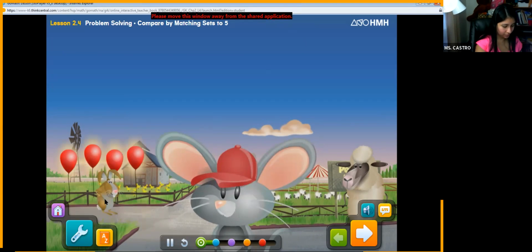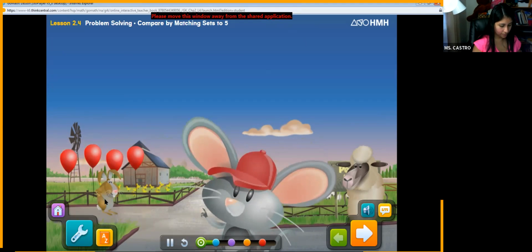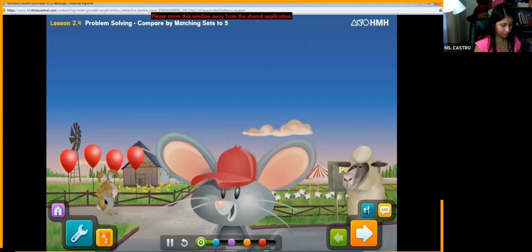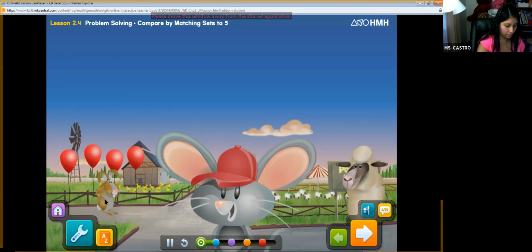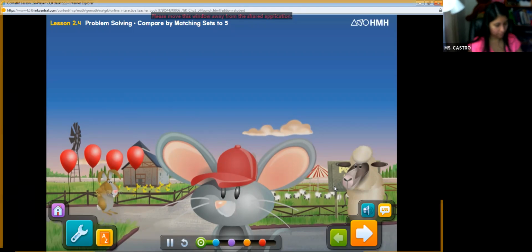The children left balloons. Cher says that she found a number of balloons that's less than the number of balloons that Rafferty found. How many balloons would that be? How can we find the set that could be Cher's balloons? Maybe a model could help us solve the problem. Let's learn how to use a matching strategy.